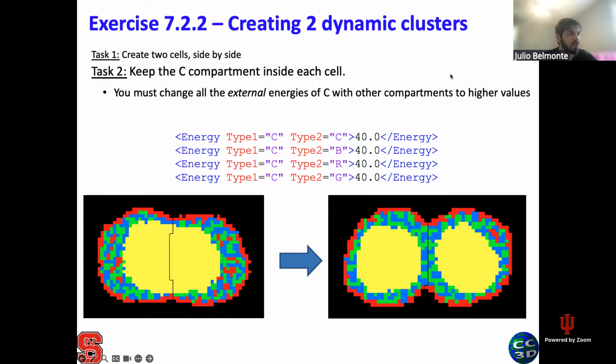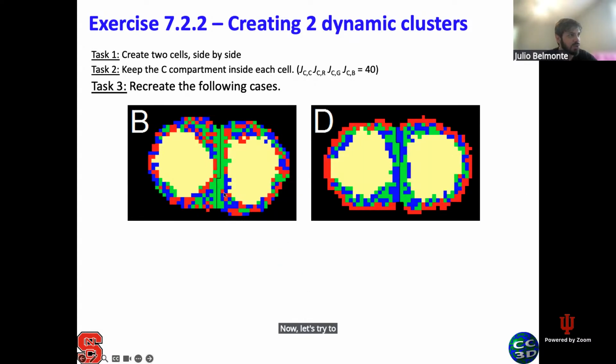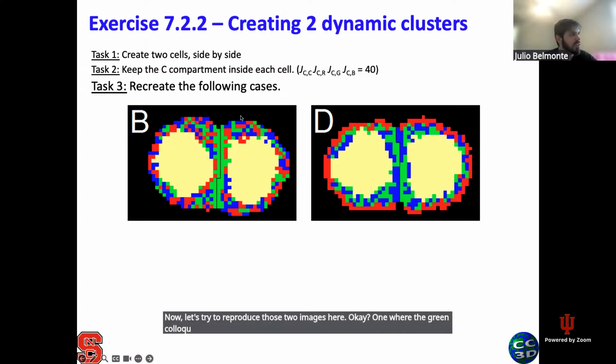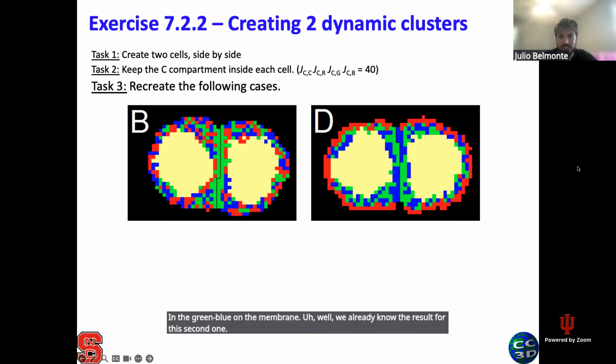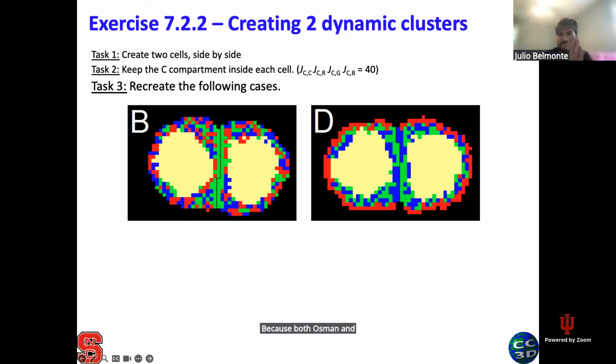Okay, so now that we have this, let's try to reproduce those two images here. One where the green colocalizes at the surface, but the red does not go to the outside. Another where you have the red outside and the green and blue on the membrane. We already know the result for the second one because both Osman and Anastasia got it.